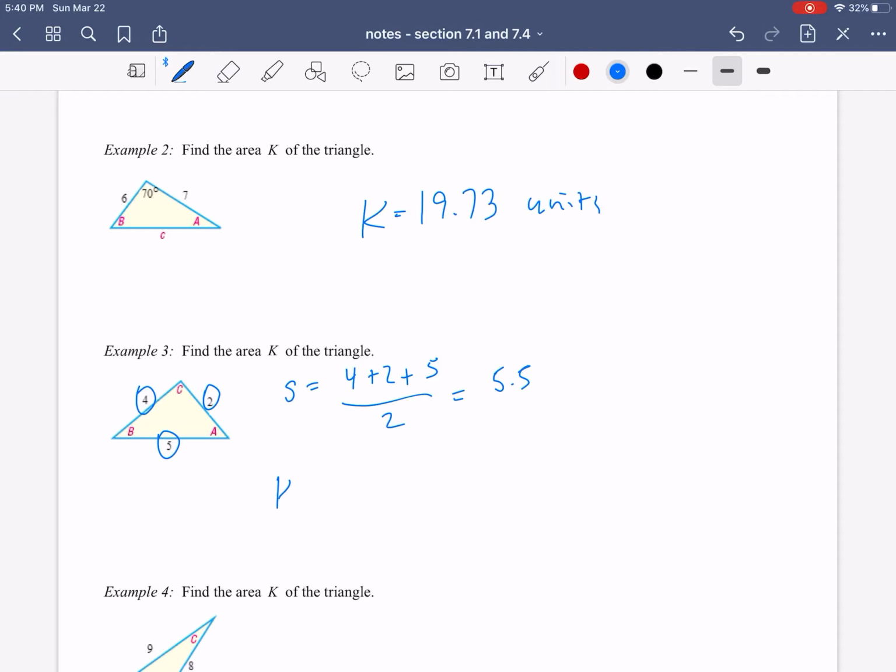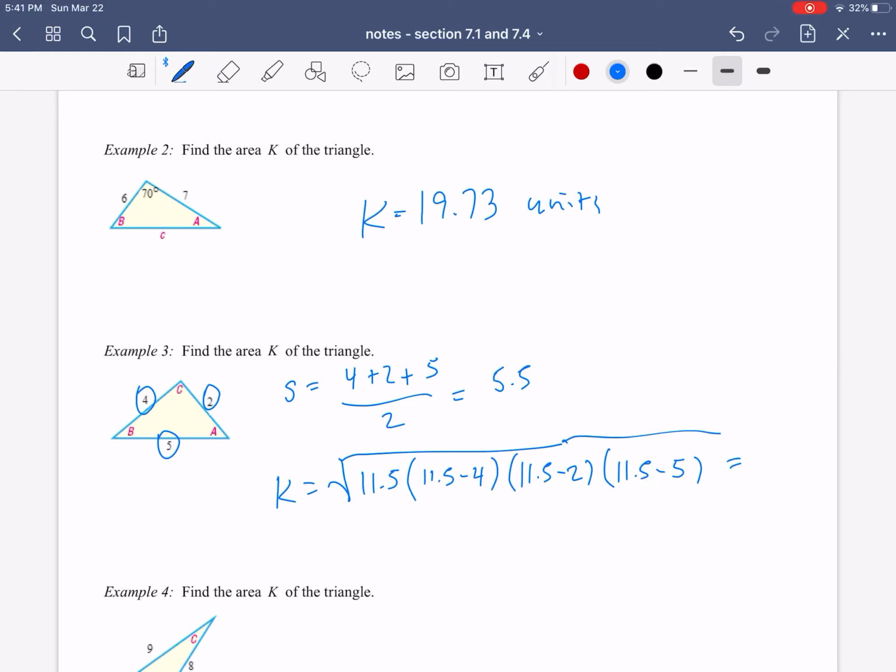Then the area is going to equal the square root of s, which is 5.5, and then 5.5 minus the first side, 5.5 minus the second side, and 5.5 minus the third side. Punching that all into the calculator at once is going to give you 3.80 units squared.